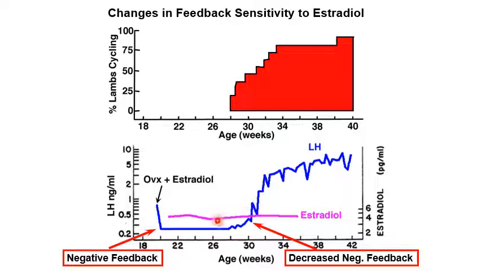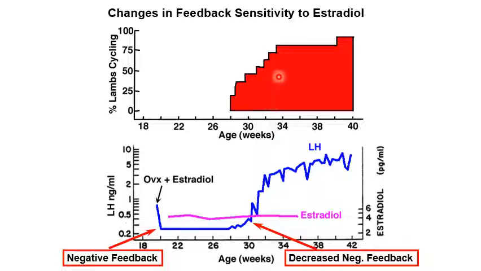So the level of estradiol that is given to the animal is constant, but at the point where the animal reaches 28 to 30 weeks, the level of the LH gradually increases. And this is because of a decreased negative feedback sensitivity to the effect of estradiol.